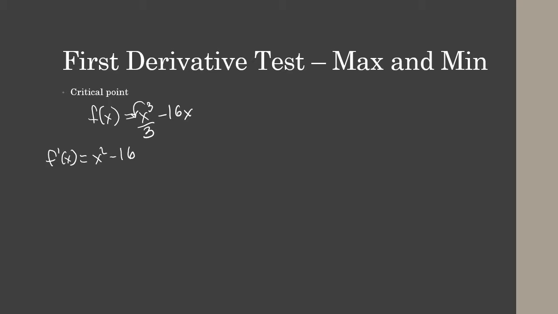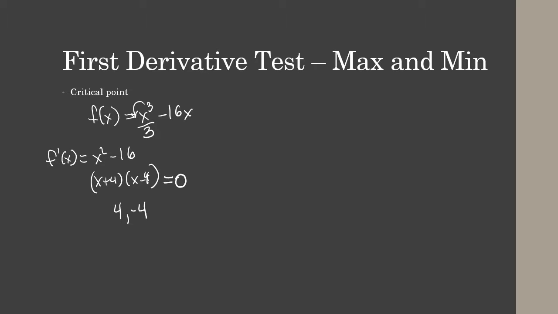And luckily this factors nice and easy. So we've got x plus 4 and x minus 4. We set that first derivative equal to 0, and we solve. So we get that our critical points are 4 and negative 4.